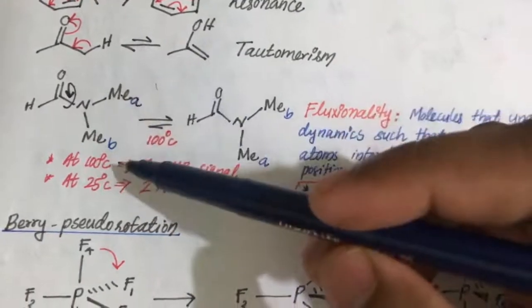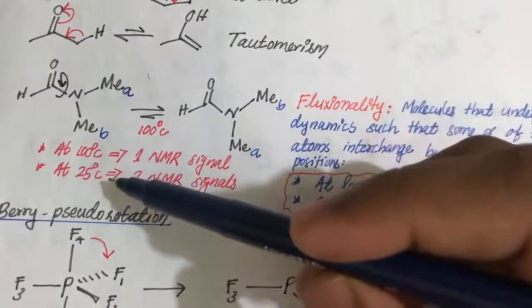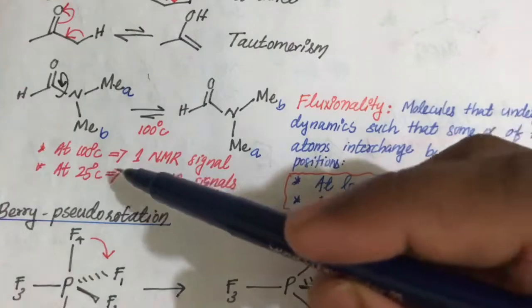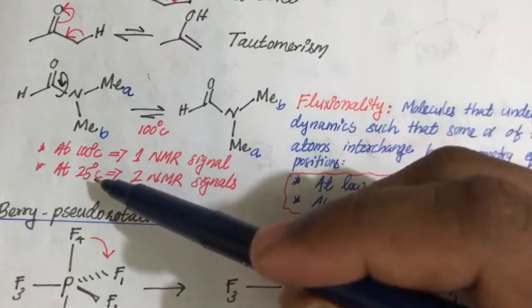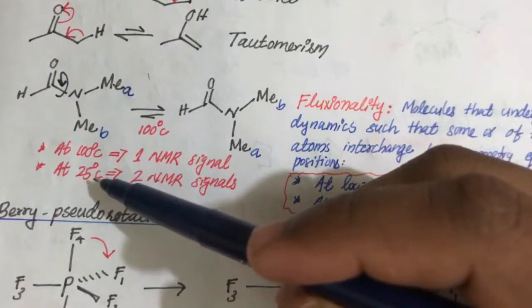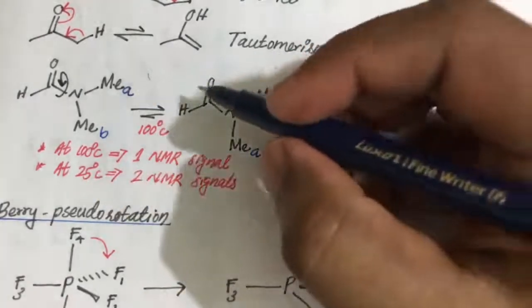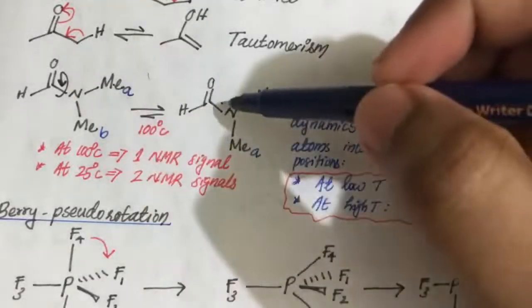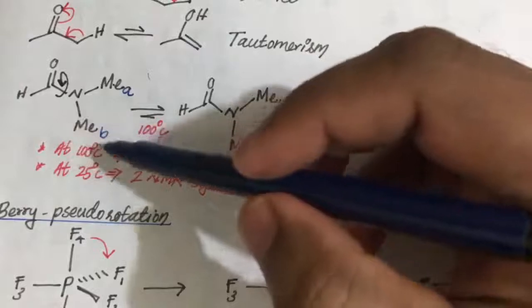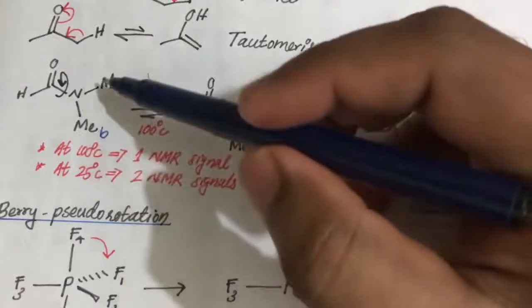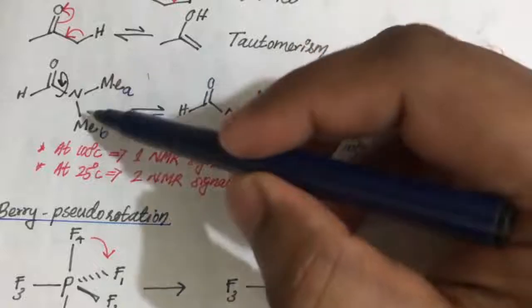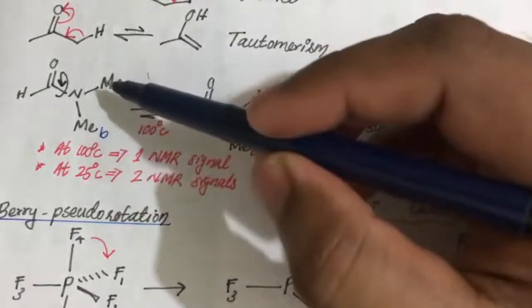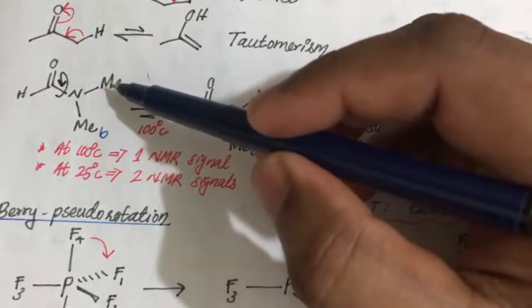But at low temperature, here it is room temperature, sometimes you see it is minus degrees Celsius. At room temperature there will be some kind of tautomerism, that's why there is some double bond character here. So at room temperature we can detect these two. That is, there is no fluxional behavior. That means these two Me groups are in different chemical environments.